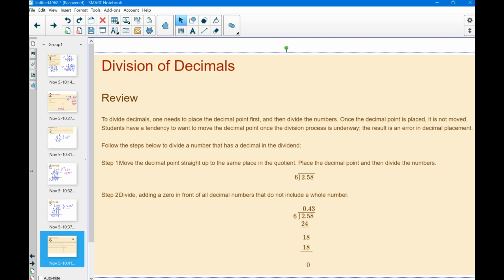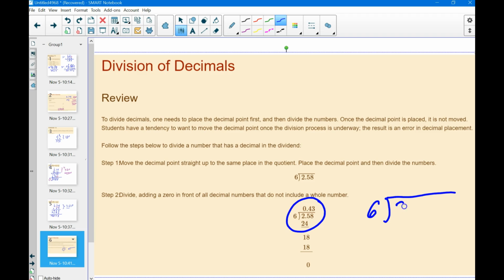And what do you mean, place the decimal point? You don't even have it kind of done down here the way I would do it. So if you look down here, what I really want to see, if you're dividing those numbers, is 6 divided into 2.58, and the decimal point that's there shifted right up above to here.